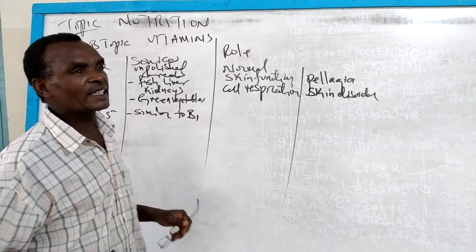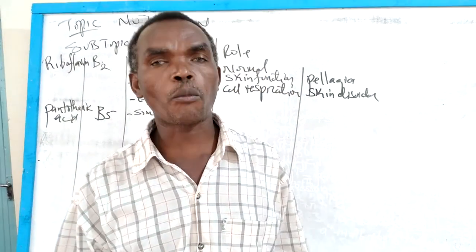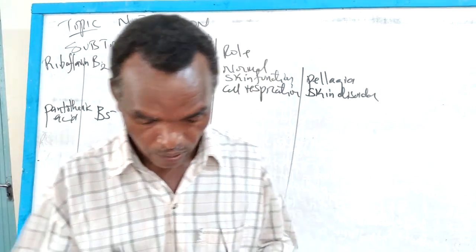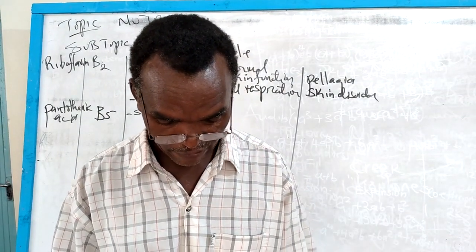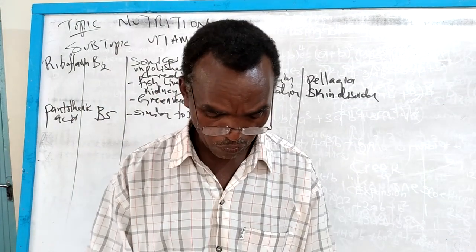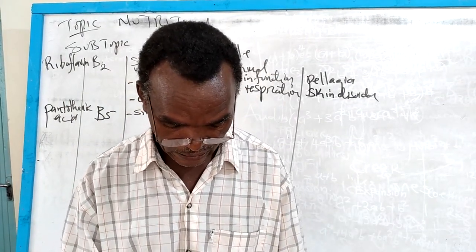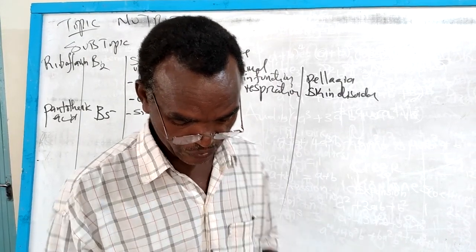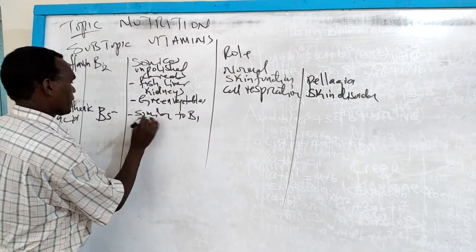So when we understand the source of B1, then we know the sources. This comprises unpolished cereals. We have the kidneys, the liver, the fish. So these are the sources of B1. And in addition to that, we also have eggs. So eggs are included here.